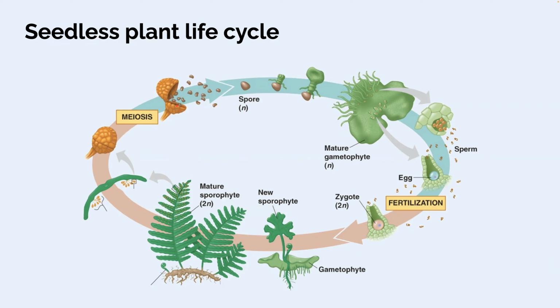In a fern, that involves one of these spores landing in a suitable habitat and growing up into this short-lived, easy to miss little gametophyte structure. But on this gametophyte are structures that produce egg and produce sperm. They can do that in the same gametophyte. Sometimes you have single-sex gametophytes that produce only sperm or only egg. And then those combine together in fertilization, and the cycle goes on.